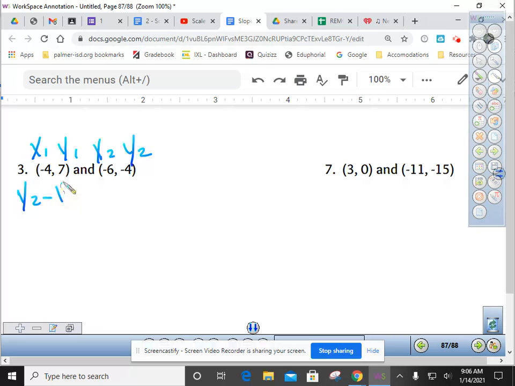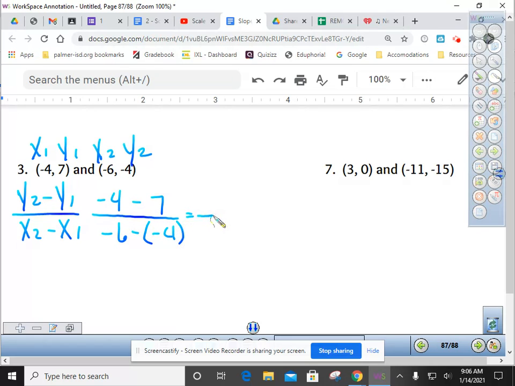Y2 minus Y1 divided by X2 minus X1. What's Y2? Negative 4 minus 7. What's X2? Negative 6 minus negative 4. Please look how I wrote it. What is negative 4 minus 7?